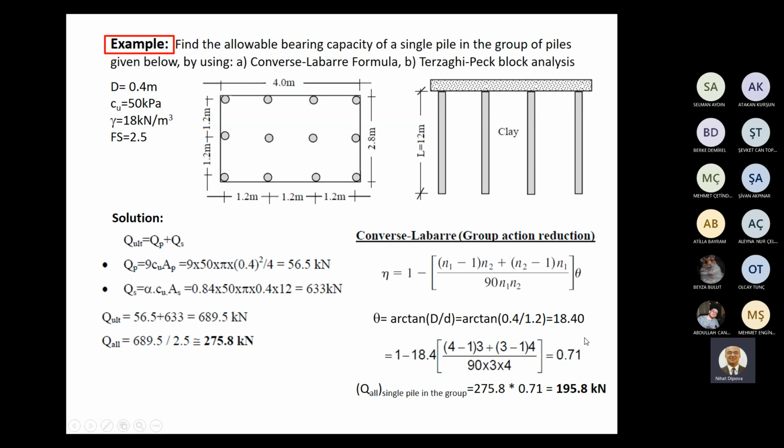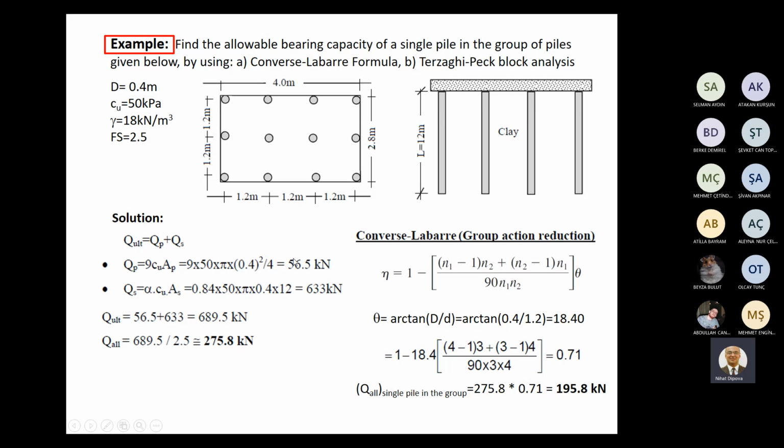So the efficiency is 0.71, and the single pile capacity multiplied by the summation of total piles will be equal to 195.8 kilonewton.